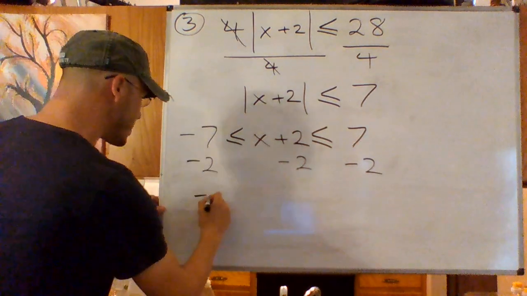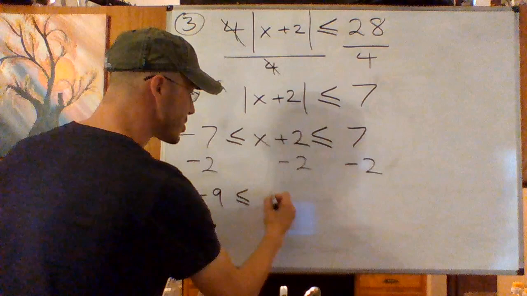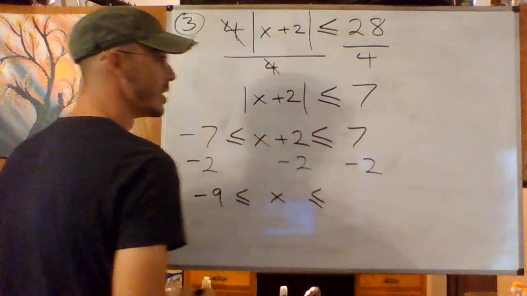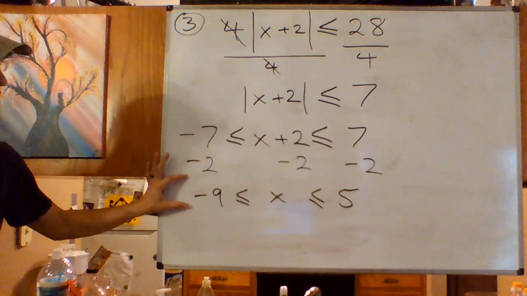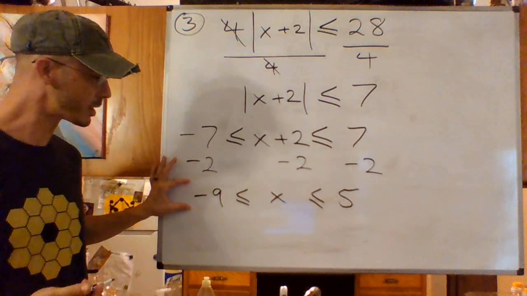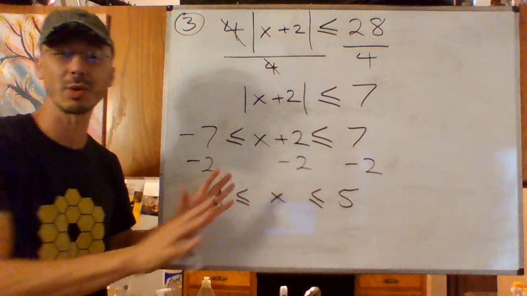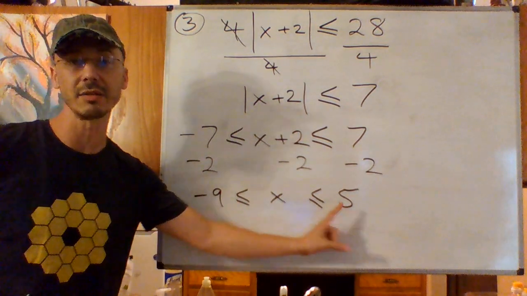Negative 7 minus 2 is negative 9. X plus 2 minus 2 is just x. That was the point. And then 7 minus 2 is 5. And there's the simplified ordinary inequality. It's a compound inequality, but there's no absolute value. It just says x is between negative 9 and 5.